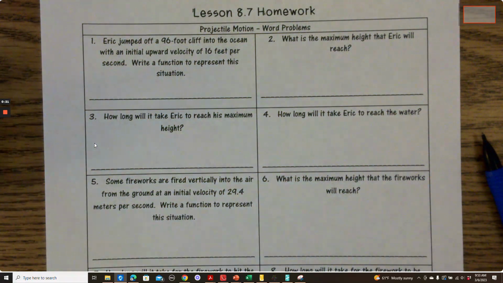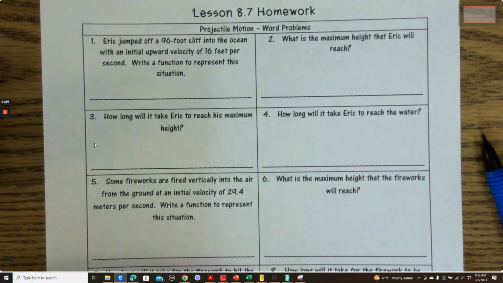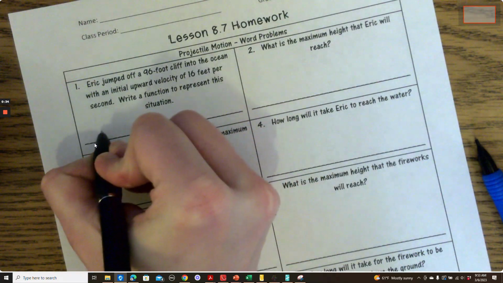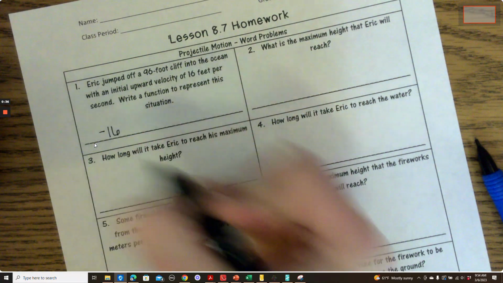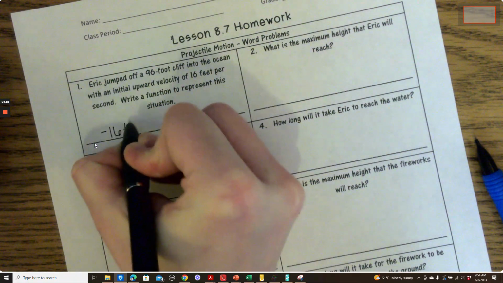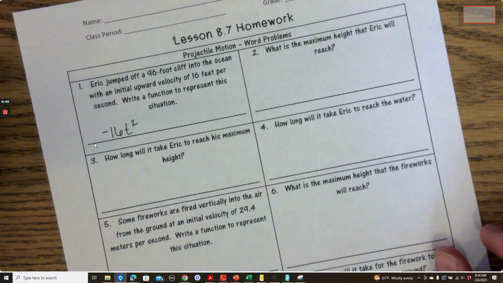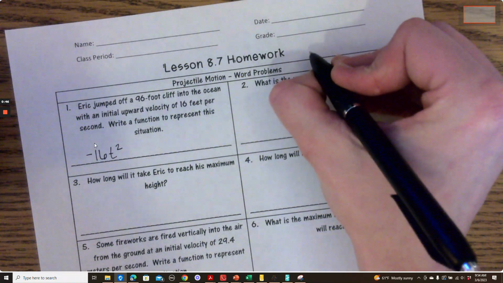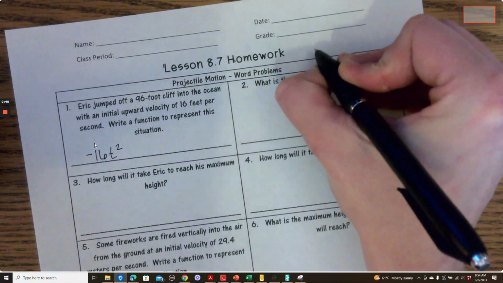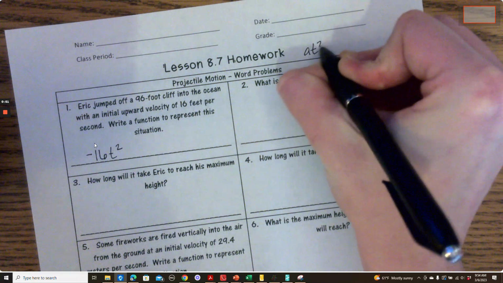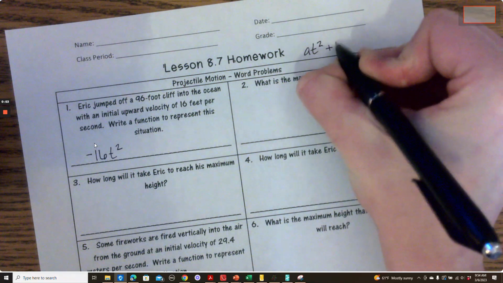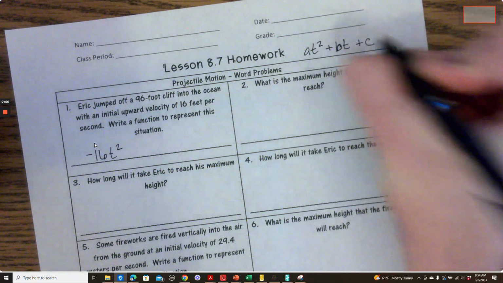With projectile motion, there's two options. If they give us the information in feet, our equation's going to start with negative 16, and then we use a t here for time. So these are going to be a t squared plus b t plus c.